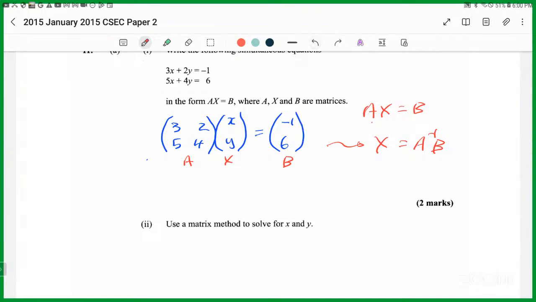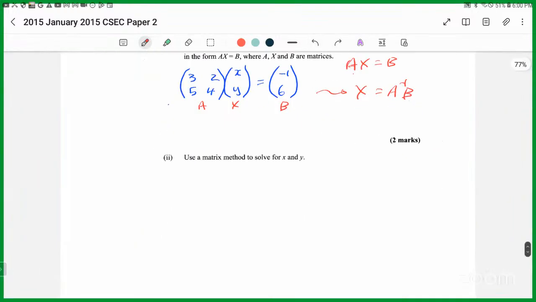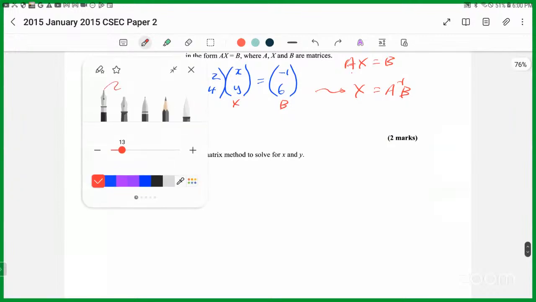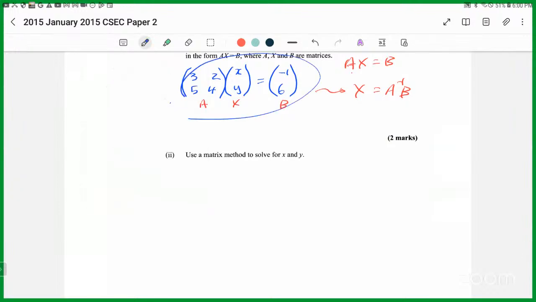That is how we have this. So to find xy, that's what we need to set up. All right, so let's write it. On this equation, the xy is going to become the inverse of this 3, 2, 5, 4 to the minus 1.